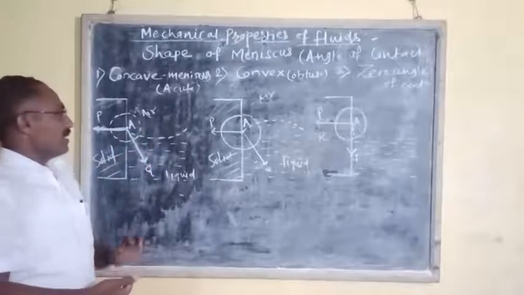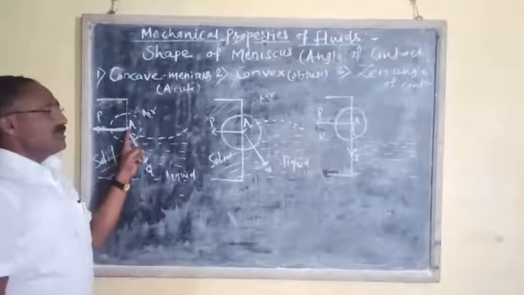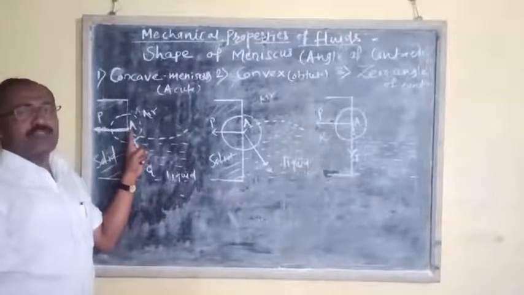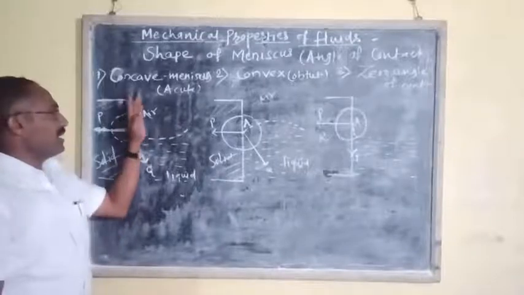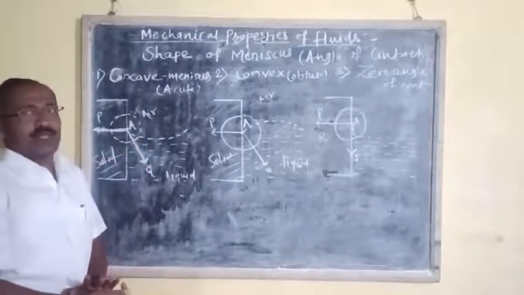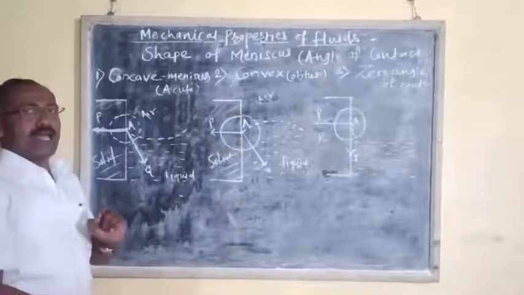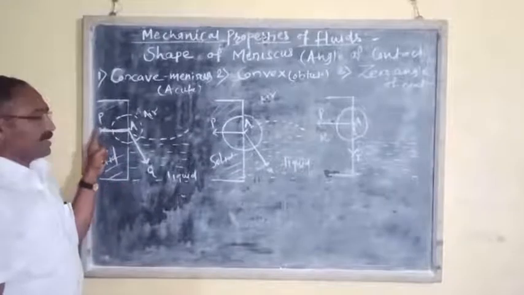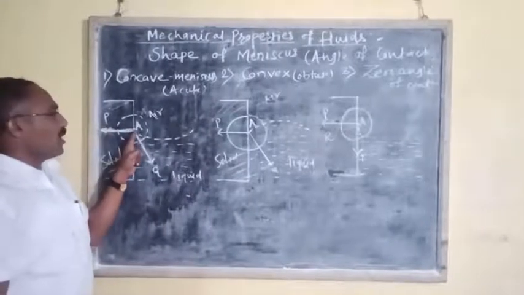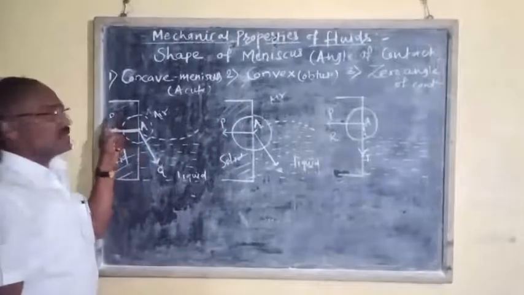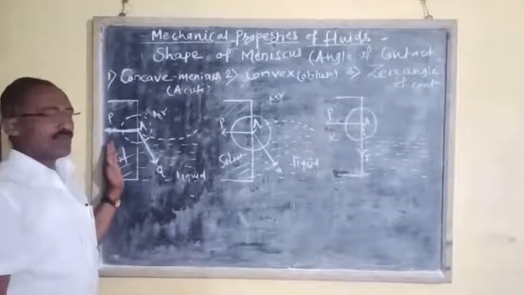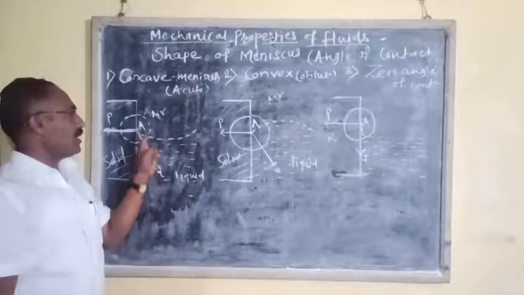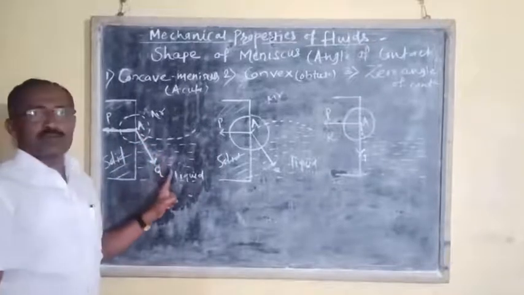But here, the adhesive force experienced by the molecule A from air molecules we have to neglect. Only the forces acting on the molecule A will be the adhesive force AP bar, acting on molecule A by the solid molecules, and the cohesive force AQ bar acting on the molecule A due to these liquid molecules.